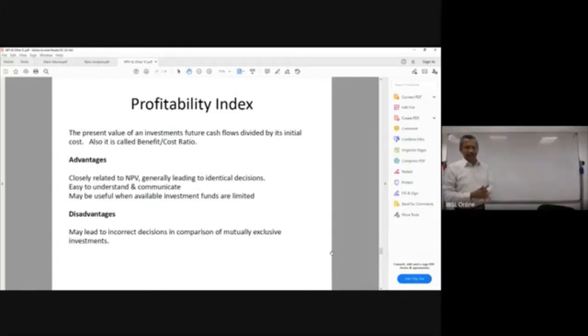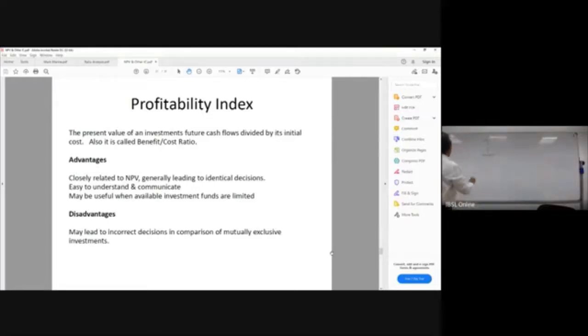Okay. Now profitability index is, we take the present value of future cash flows, right? Now we take just an example. We have 100,000. We write down because it's investment in year 0. Okay.